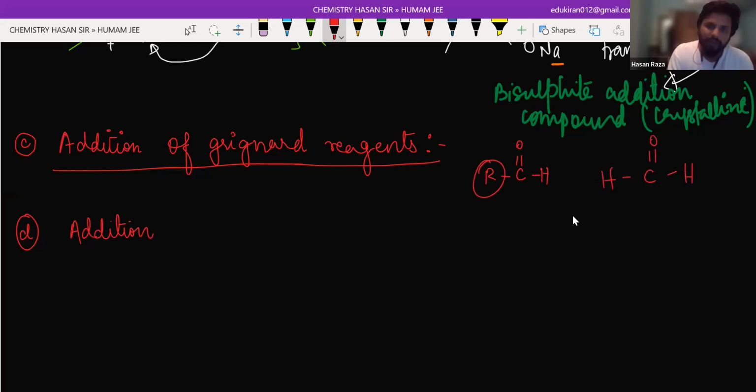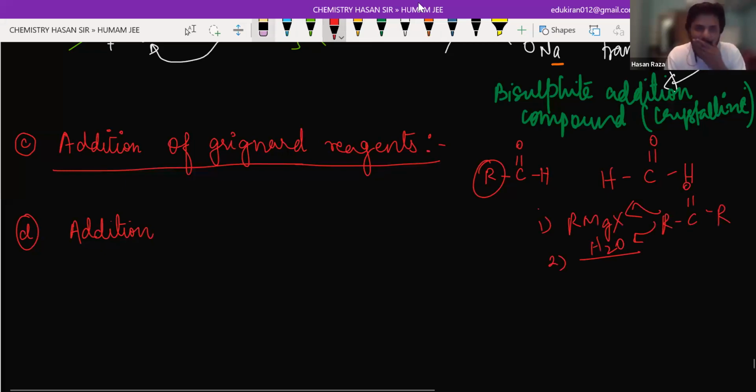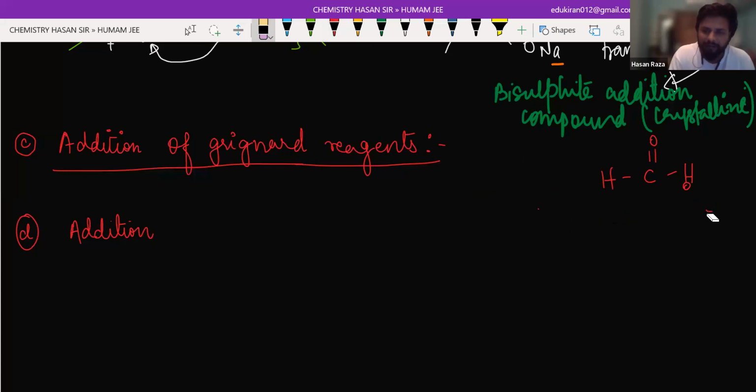You are going to react both with RMgX, and then in the next step followed by hydrolysis, H plus and OH minus. And the third reaction will be for ketone reacting with this and again with this. Then you will get it. Okay. And write it clearly, right? Your writing should be clear.